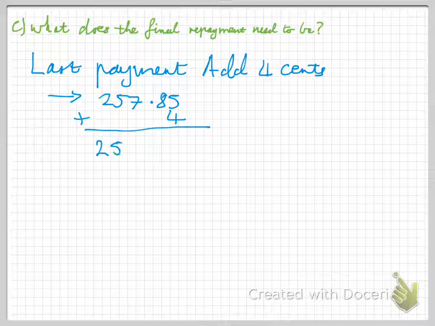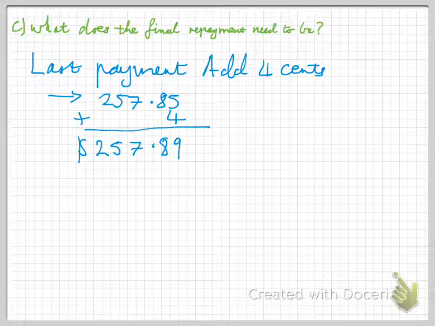That'll mean the last payment is effectively $257.89. Okay, and that means that we still satisfy our 4-month repayment, but the last payment is just upped a tiny little bit.